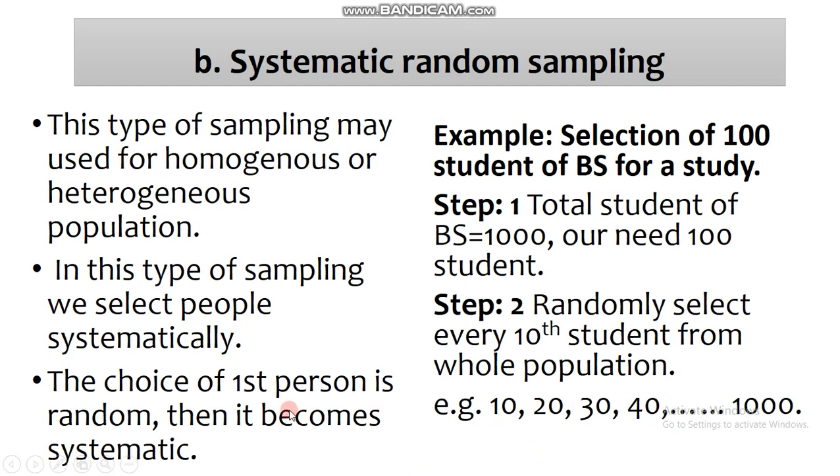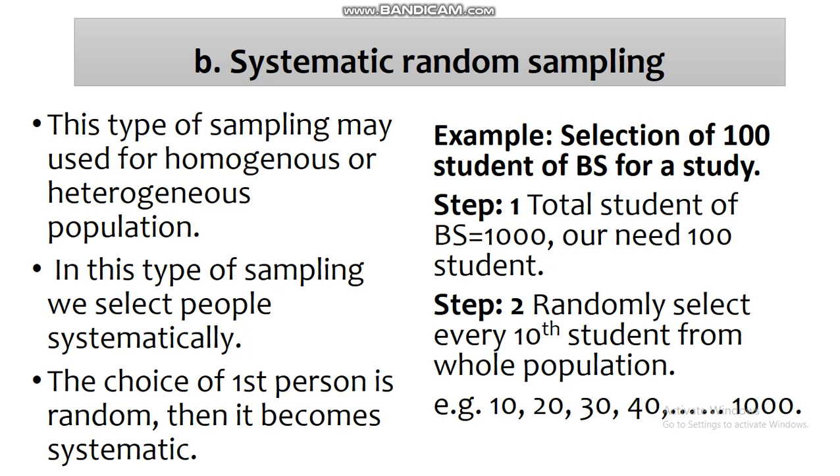We select the first person randomly and then apply the systematic way for the selection of the other individuals. For example, we apply an interval of 10, and then we select the 10th person, 20th person, 30th person, 40th person, and carry on.